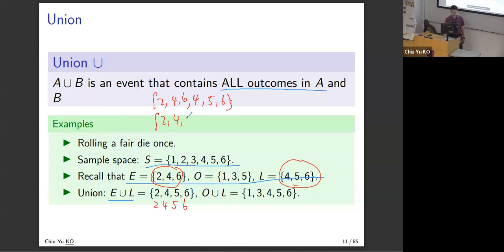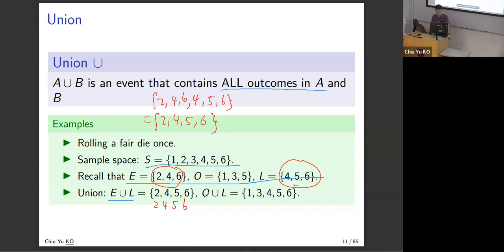So you don't need to write it again; you just write the unique elements. Is that clear? You just combine, or if you're a computer scientist, in programming it is concatenate, and then you find the unique ones.